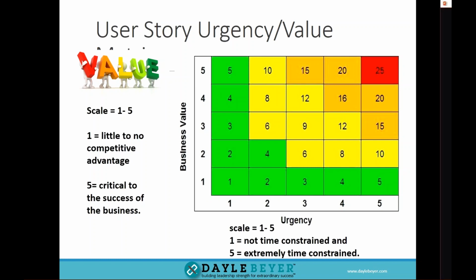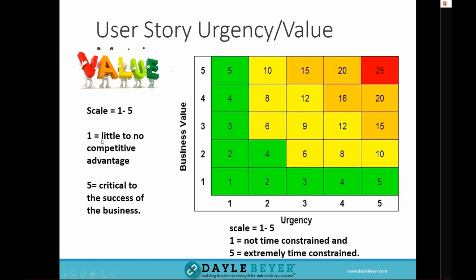Or he calls it urgency. So urgency is on the bottom here, and we're going to multiply this by business value. Now, first, we also have to clarify what is a 1 or 2 or 3 or 4 or 5 related to business value.